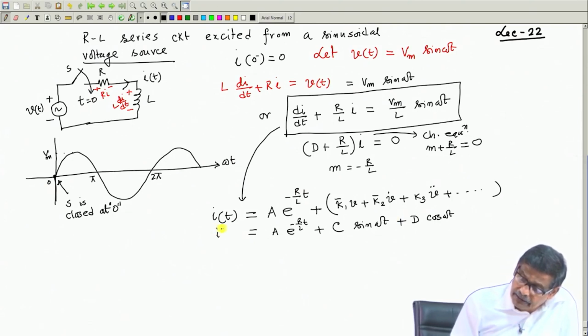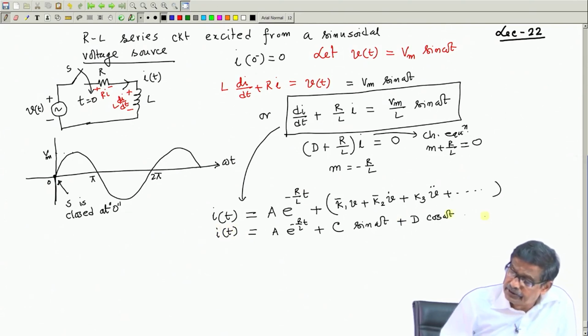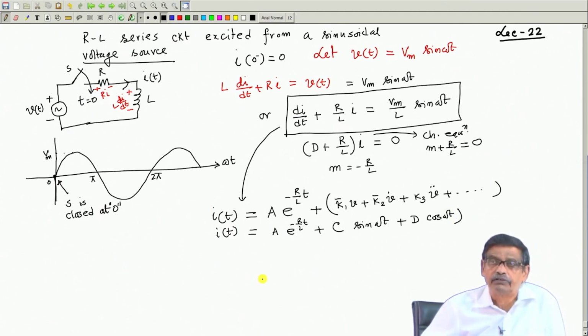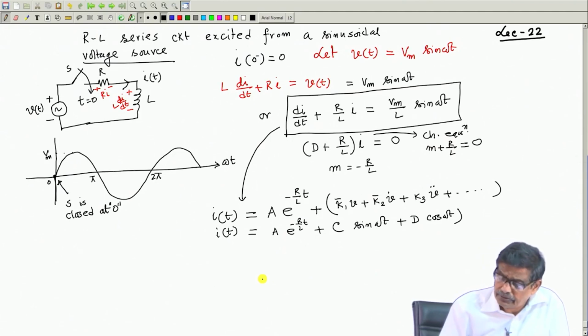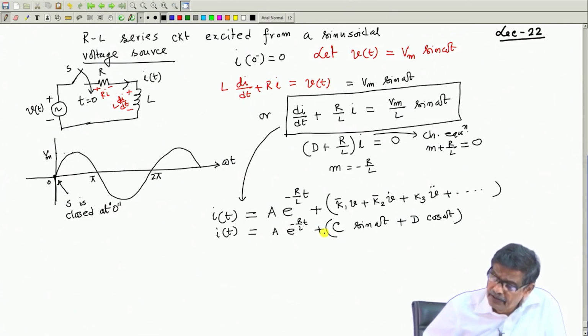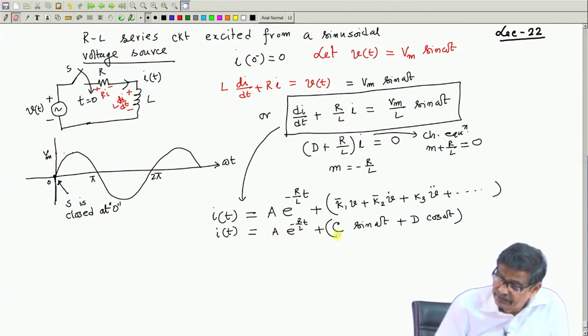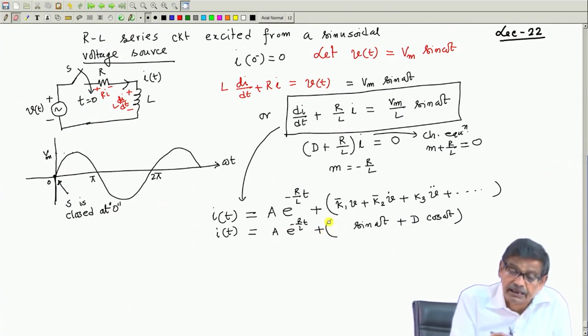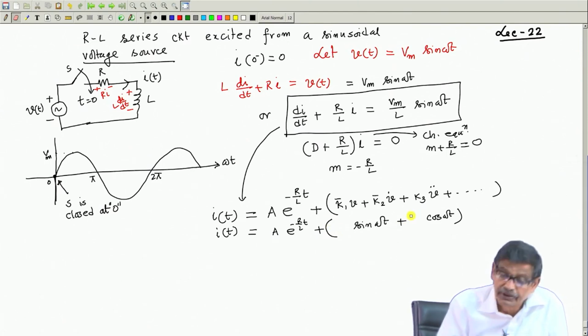So, you see I get the form of the solution of this network, and I do not require any time to find out the characteristic root. This is the natural part. Now, if you wish, I was writing it as some big k1 and k2.